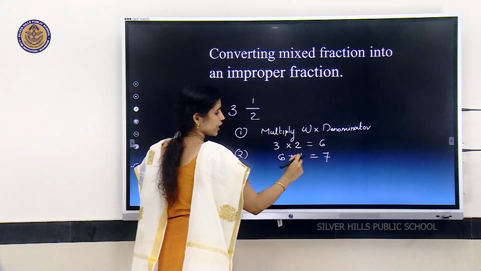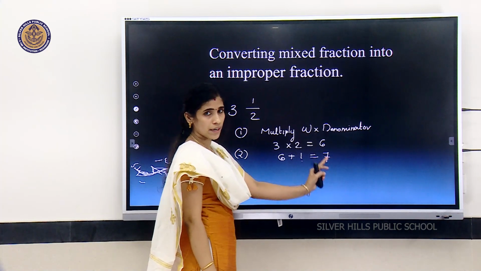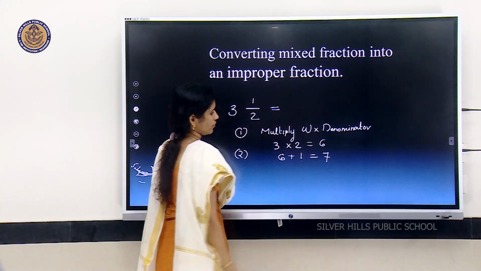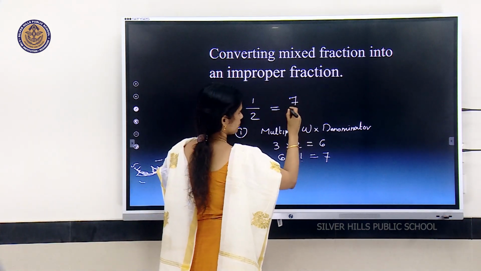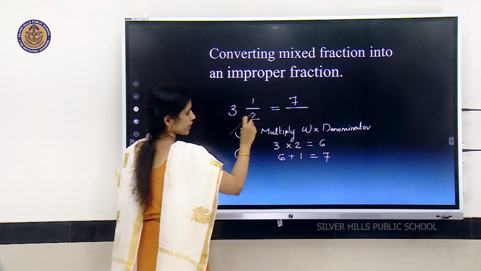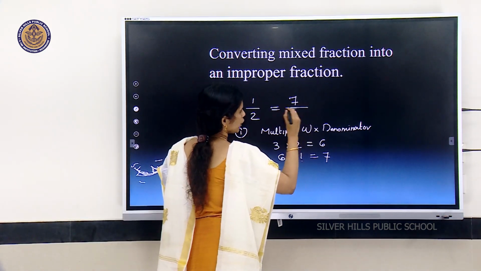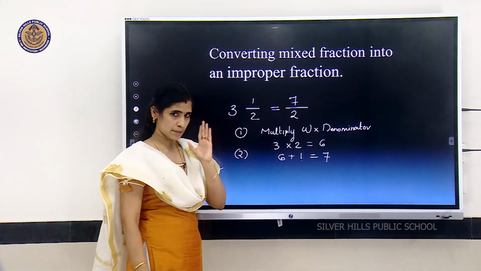Next we write this sum first, that is 7, then write the same denominator, 7 by 2.